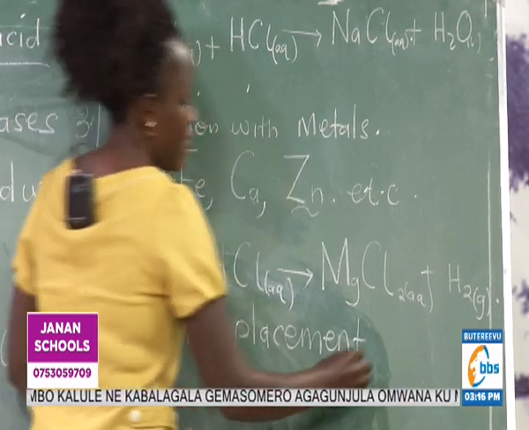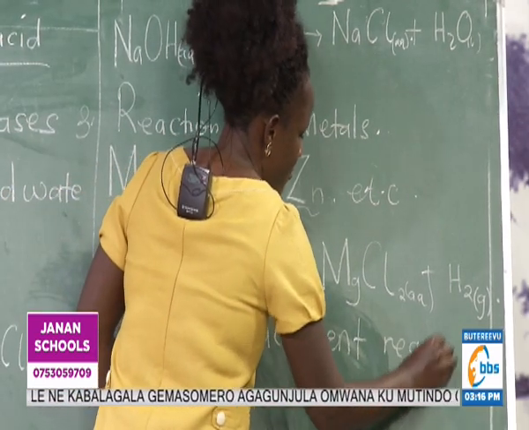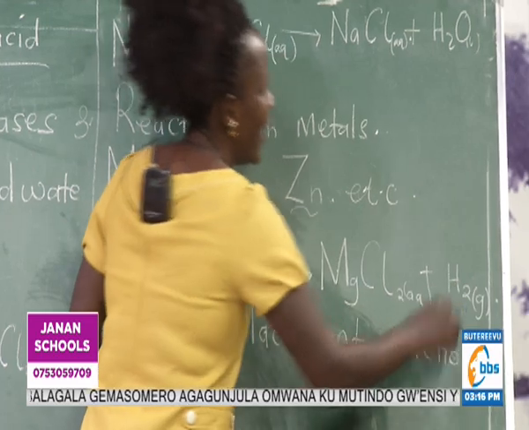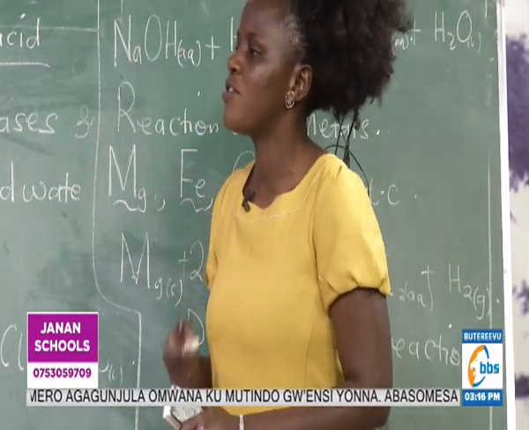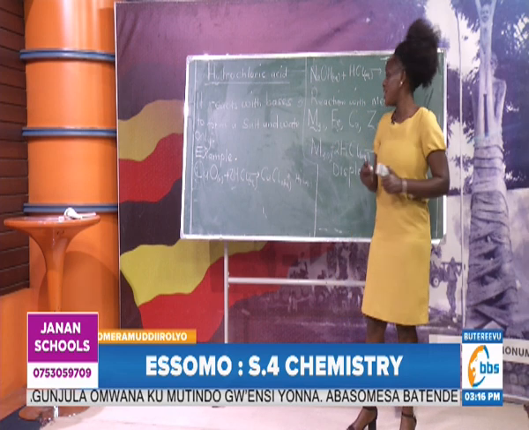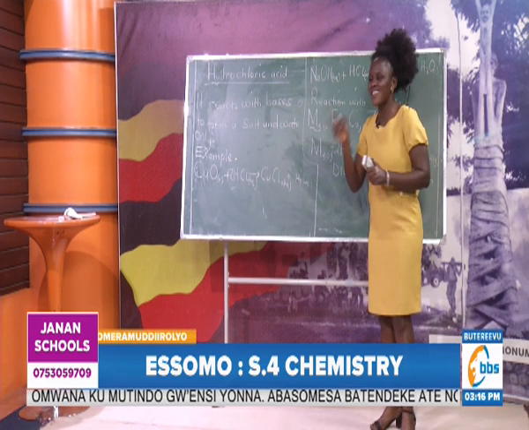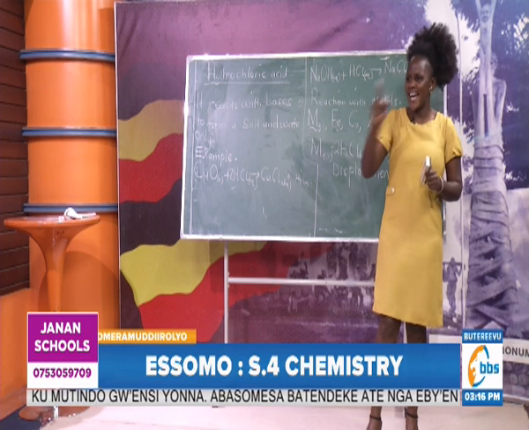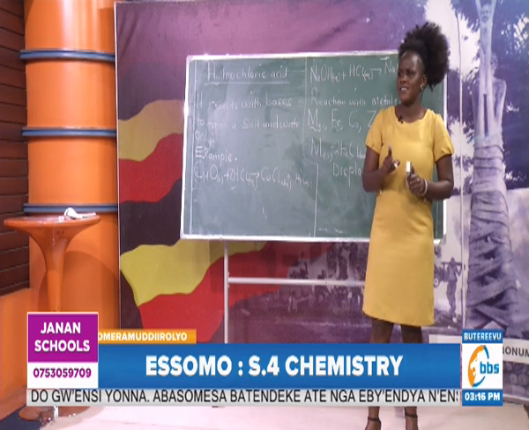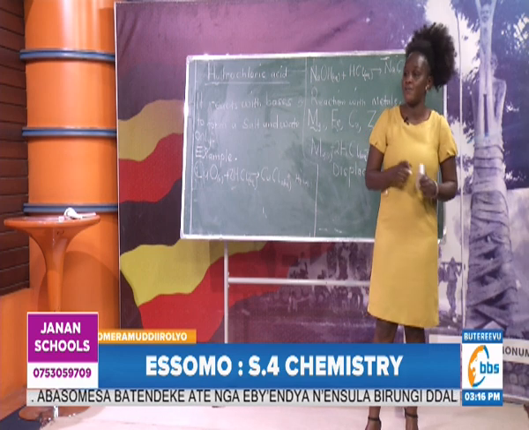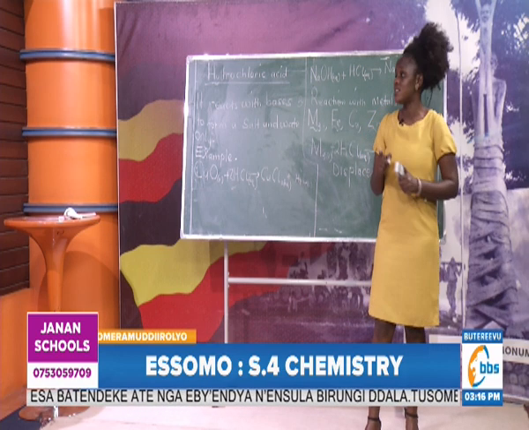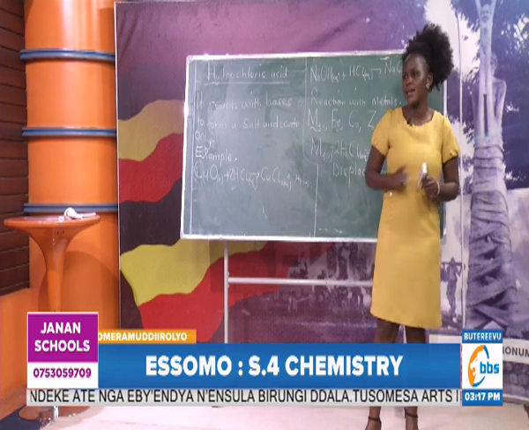And what is the principle behind displacement reactions? For you to displace any other element from its compound, you must be more reactive. Either you're more electropositive or more electronegative.